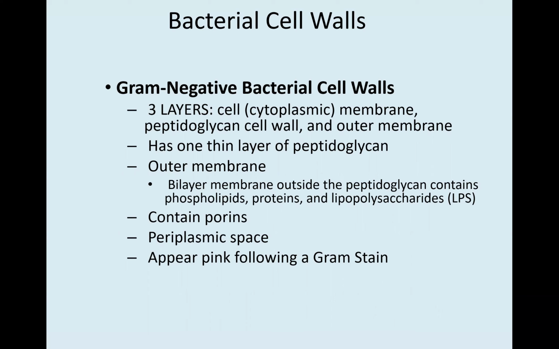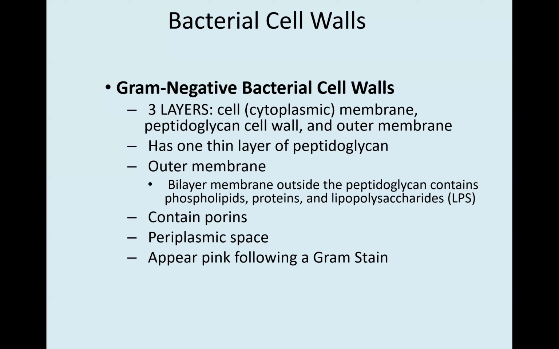When we think of the peptidoglycan cell wall, it's going to be a lot thinner in comparison to that gram-positive bacteria. So we say that it has just one very thin layer of peptidoglycan. On the outer membrane, though, what we're going to see is that it's going to contain phospholipids, proteins, and in particular with gram-negative bacteria, you should know of LPS, lipopolysaccharides.